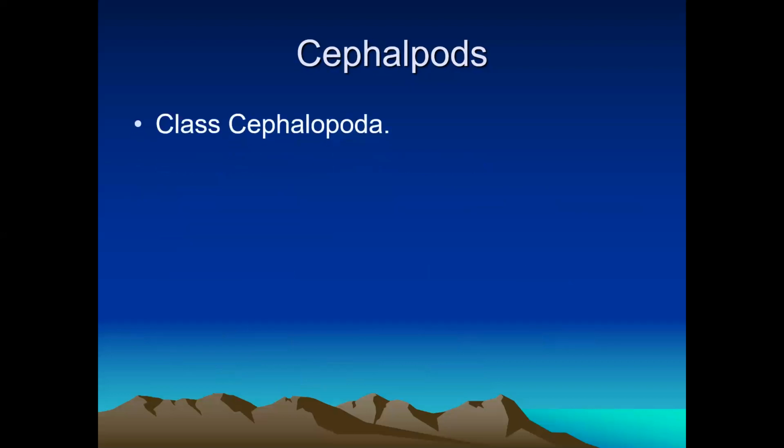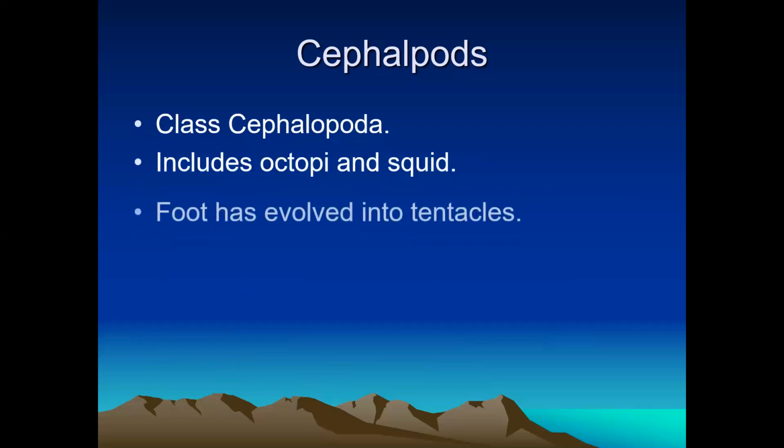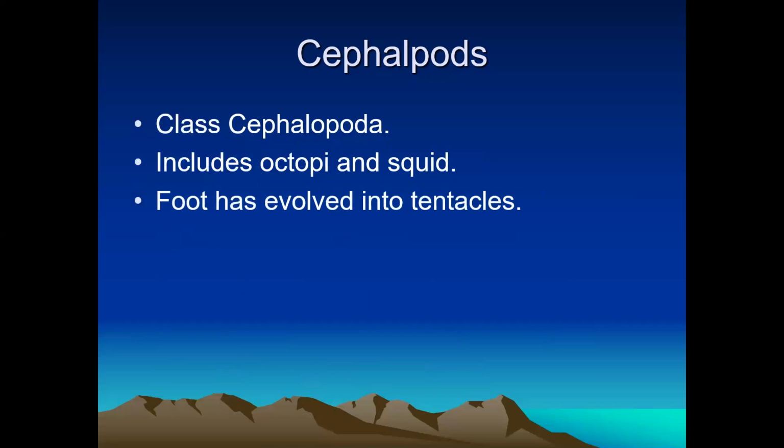Class Cephalopoda includes octopi and squid. And here we see a foot that's evolved into tentacles, and we don't have much of a shell. The shell is reduced or completely absent, if you have ever had the opportunity to dissect an octopus or a squid. I'm trying to remember if it's present in one and not the other, because it's been a long time since I've dissected those.